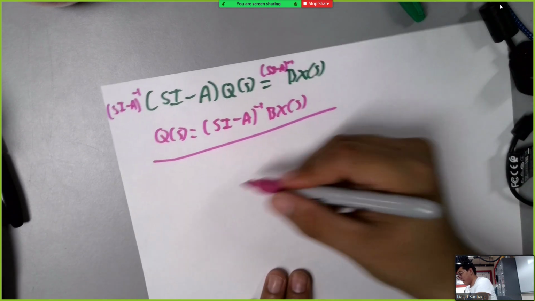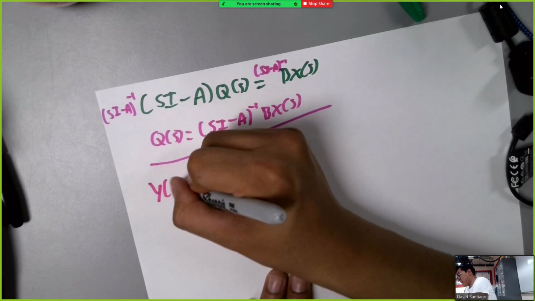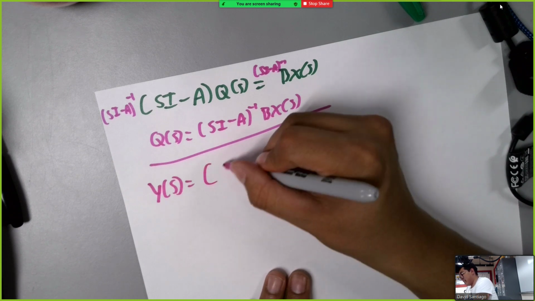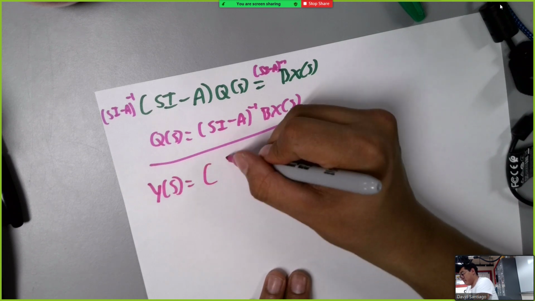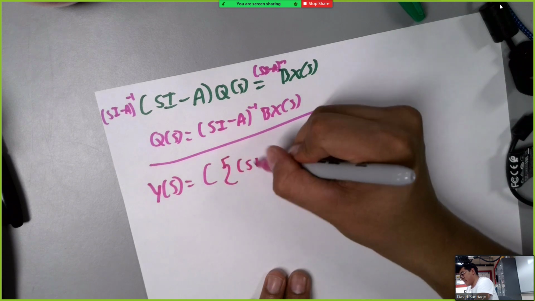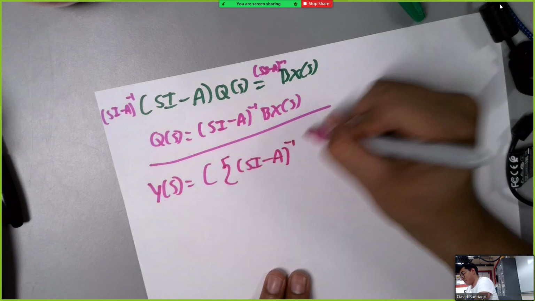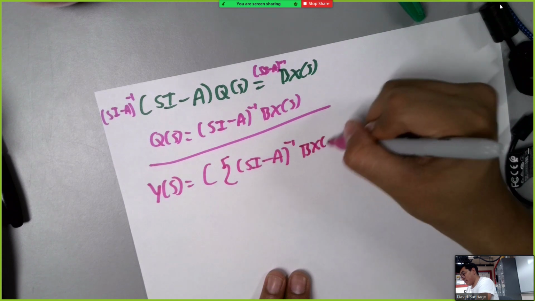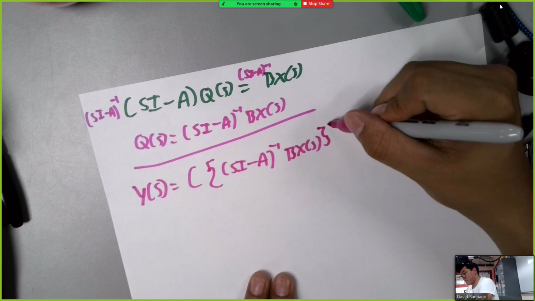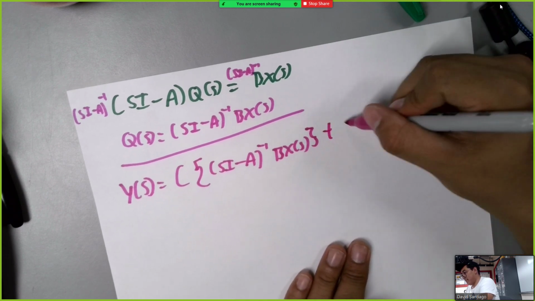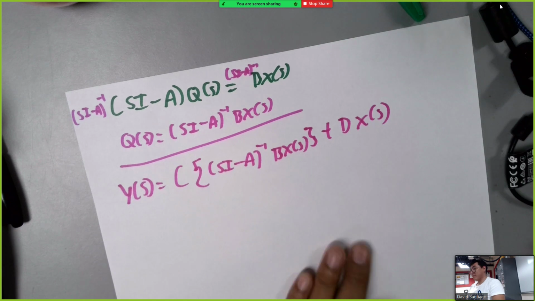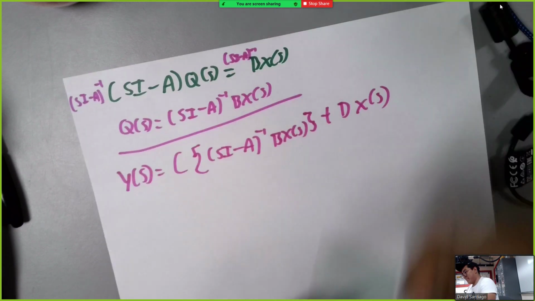Y of S is equal to C times, in curly brackets, S I minus A inverse B X of S, plus D X of S. And now the final step. See this X right here?